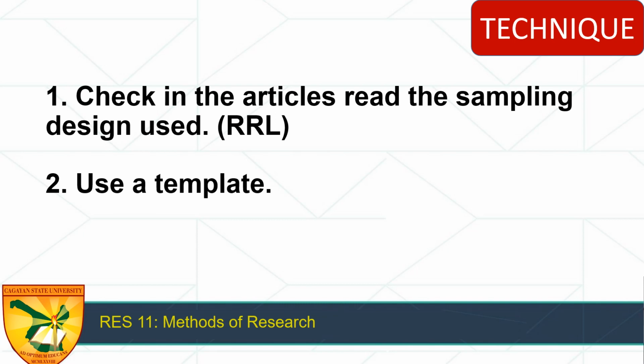Of course, a technique that can be used in doing your sample design is, again, to use your review of related literature, check articles similar to your study, and read and list down the sampling design used there. And again, use a template to see the pros and cons of using this sampling design.